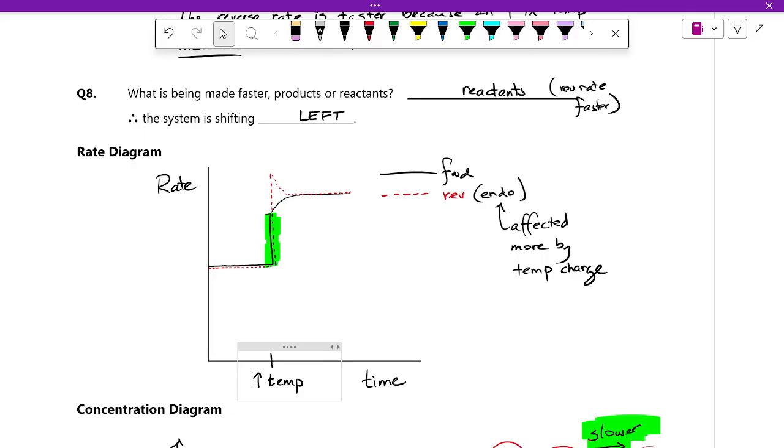Yes. Stresses are what we do to the system. The shifts are what the system does in response.